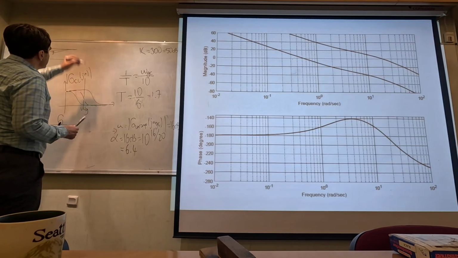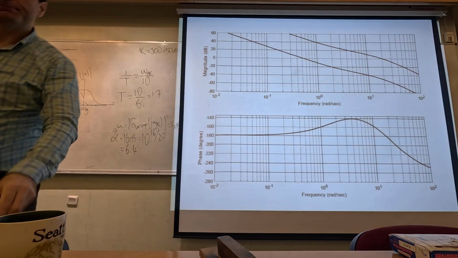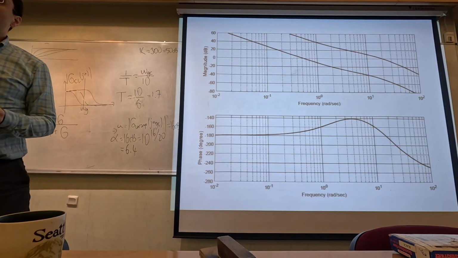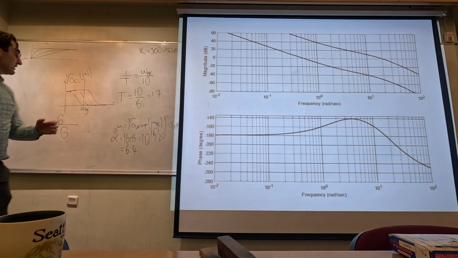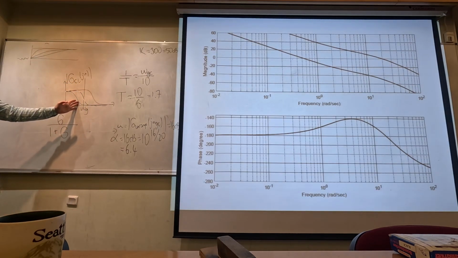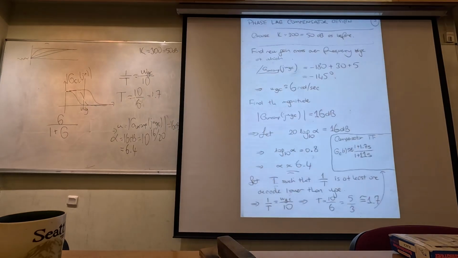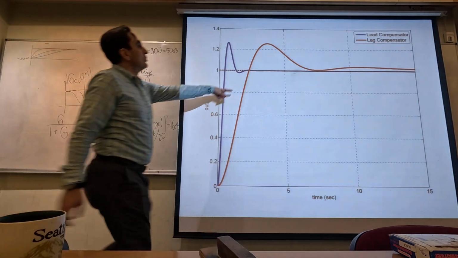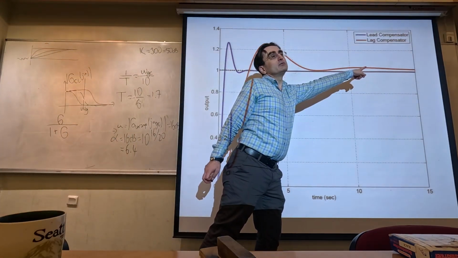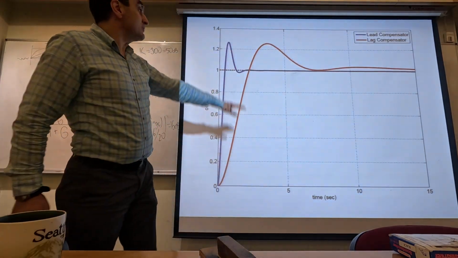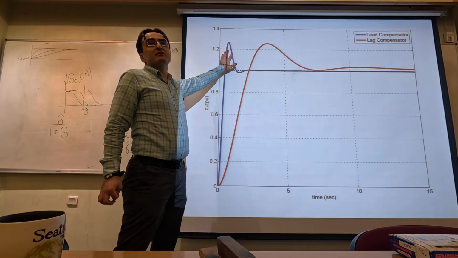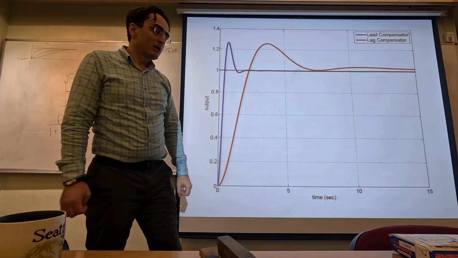Okay? It's going to be looking like this. So in some way, a lag compensator, because it makes the cutoff frequency of the system smaller, gives us a sluggish, a slower response at the end. That is why we observe this slow convergence here with the lag compensator. With the lead compensator, we get a faster response.